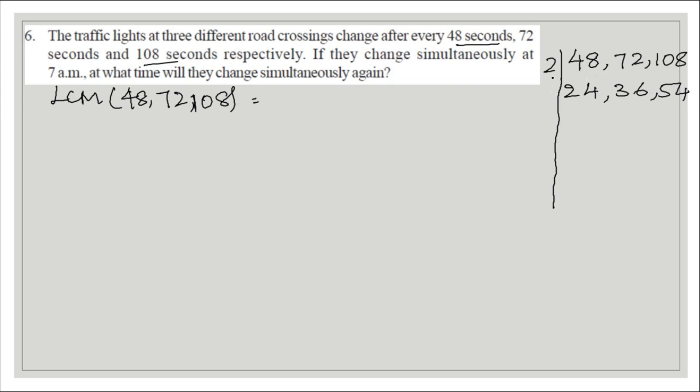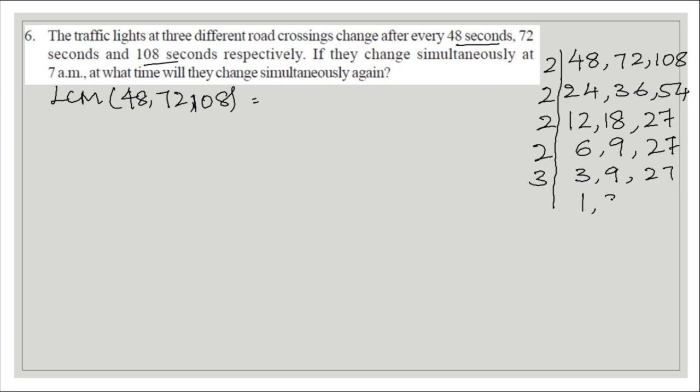Now let me divide once again by 2: 12, 18, 27. Now 2 6 times, 2 9 times, 27 is written as it is. 2 3 times, 9 and 27 written as it is. 3 1 time, 3 3s are 9, 3 9s are 27, once again divisible by 3.